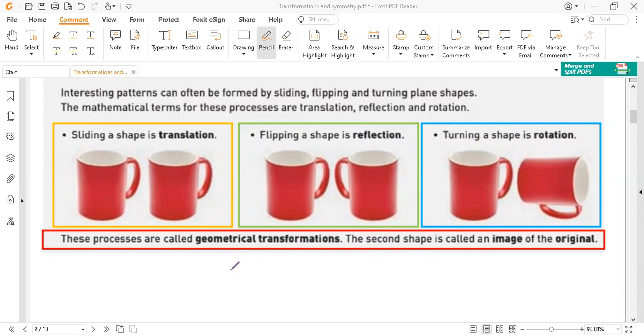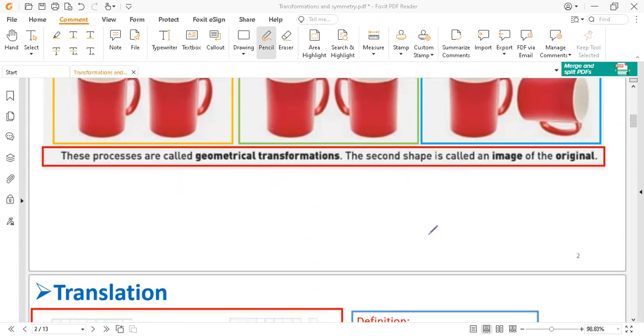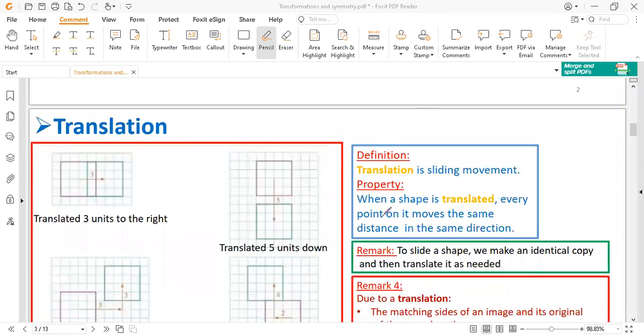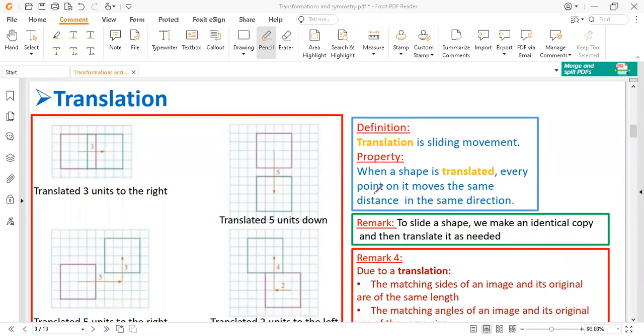Normally we should know that we have a congruent image of the original shape when sliding, flipping, and turning a shape. So what about translation? Translation by definition is a sliding movement. When a shape is translated, every point in the shape moves the same distance.